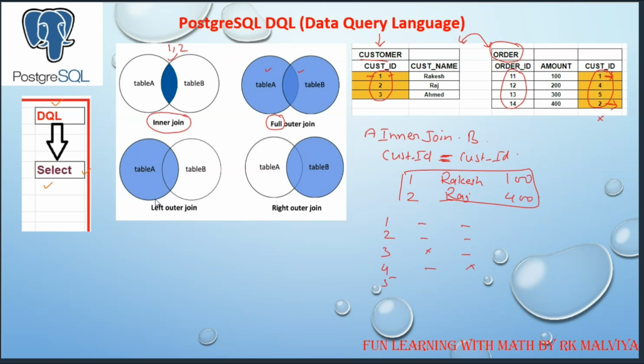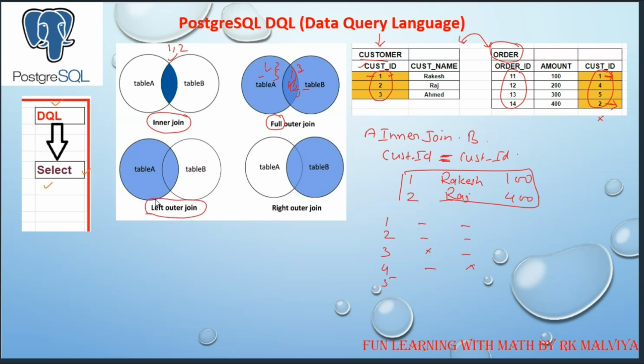This is the meaning of full outer join. That is why you can see all the colors. In between, 1 and 2 match, and the remaining 3, 4 are in other places. When we use full outer join, we want all the data from both tables, depending on this condition. Now, the third important one is left outer join.